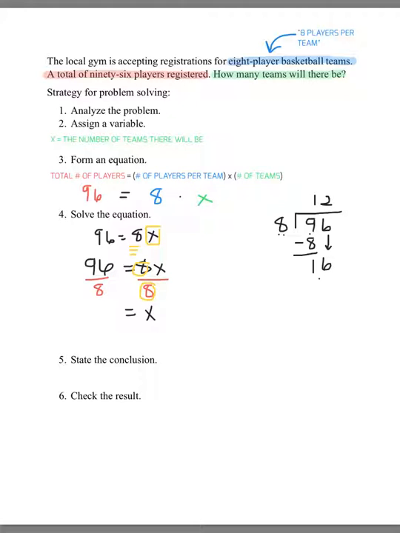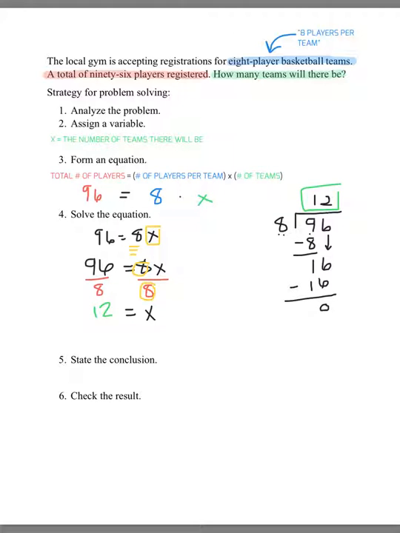So then it's going to be 2 times 8, which is 16. Go ahead and subtract those two, and we end up with a remainder of 0. Therefore, 96 divided by 8 is equal to 12. We'll go ahead and color code that in green.